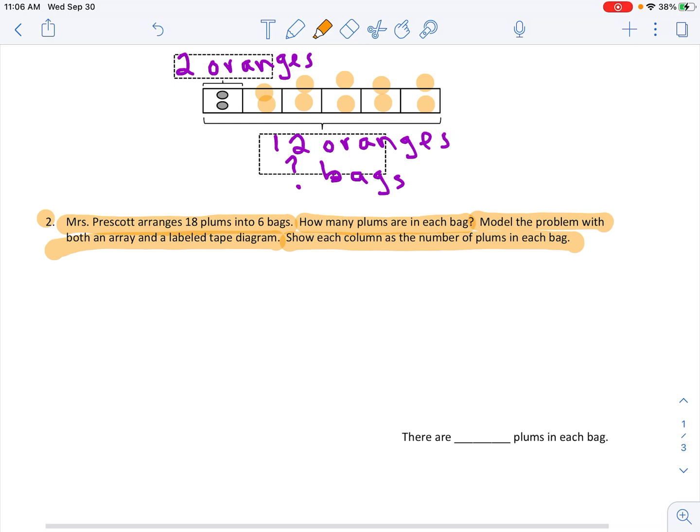This time we don't really know how many plums are going to go in each bag, but we know there's going to be 6 bags. And we know there's 18 plums. And it's telling me to show each column as the number of plums in each bag. The problem is we don't know how many plums are going to be in a bag.